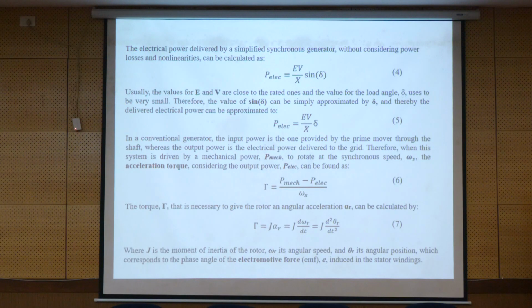In the synchron generator, we have torque, which is the difference between the power provided by the mechanical part and the electrical part, over omega. We also have angular acceleration, which is J times 2 to omega r.